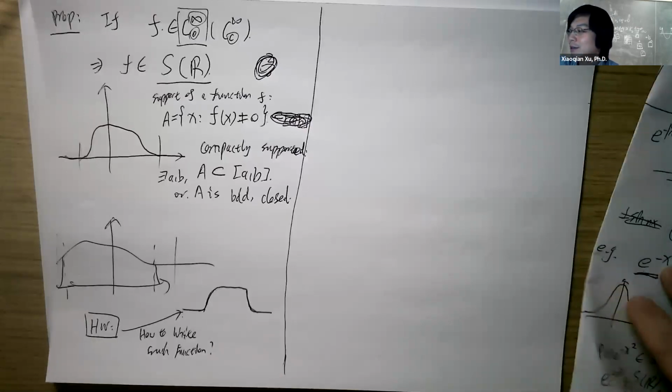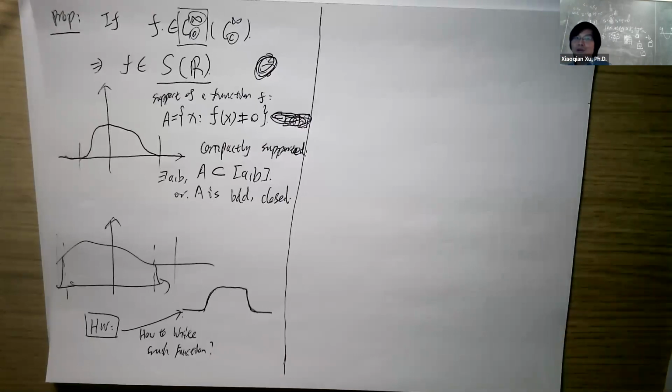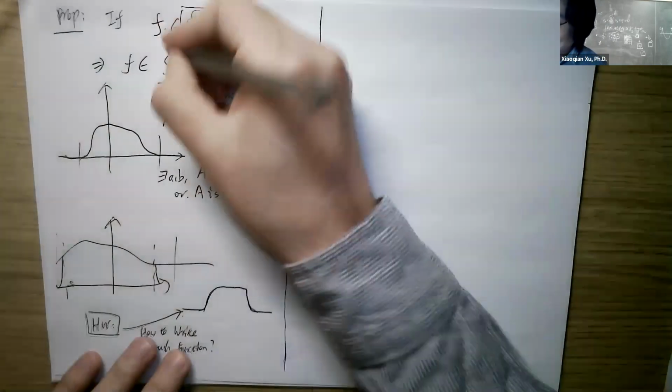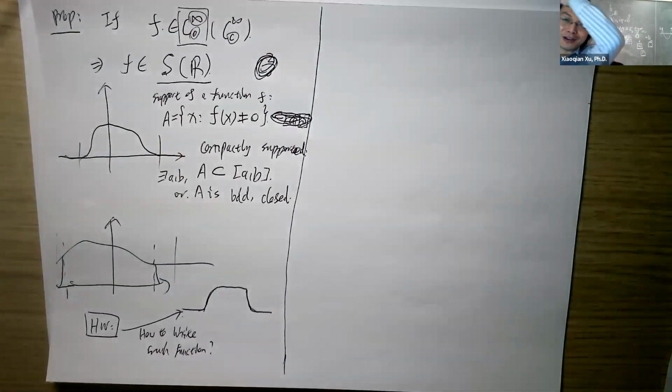So we can see that our Schwarz space, although it looks like something very unusual because we cannot really find any elementary function inside this space other than the Gaussian, is still very useful and not an empty set.